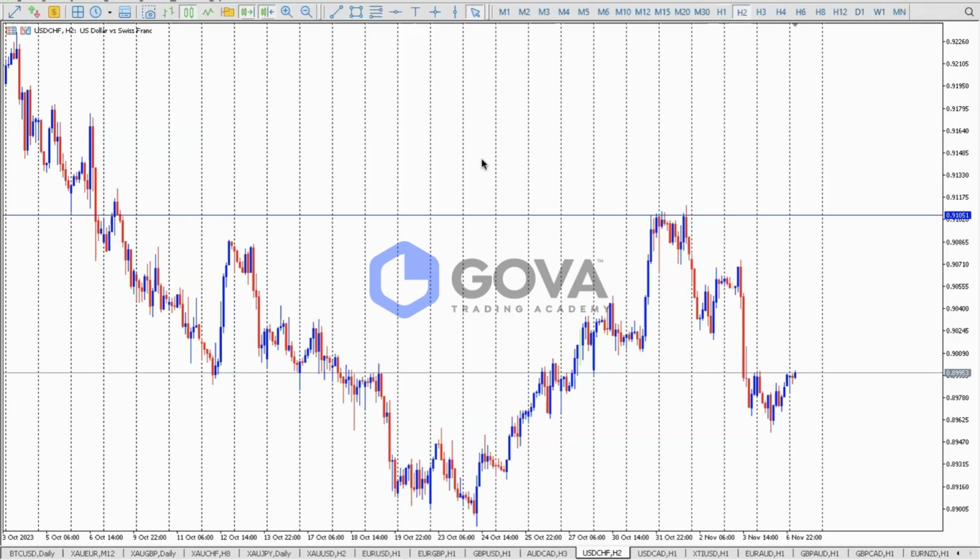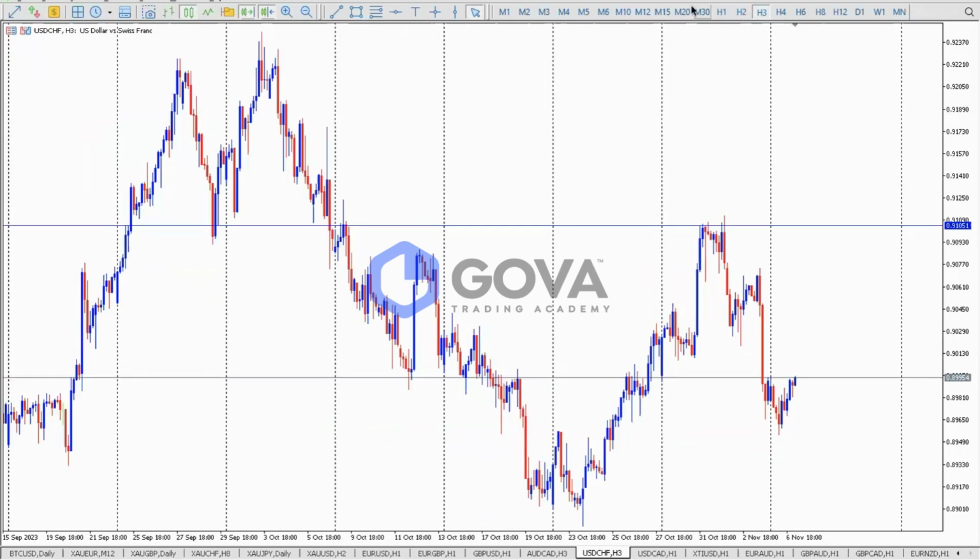Now there's something you also need to know, guys. The moment you are able to see your zone, for example, I've seen the formation on the H3 time frame. The formation is a what? A rally-based drop formation. And I've seen where to mark out my proximal line. I have already seen where to mark out my distal line.